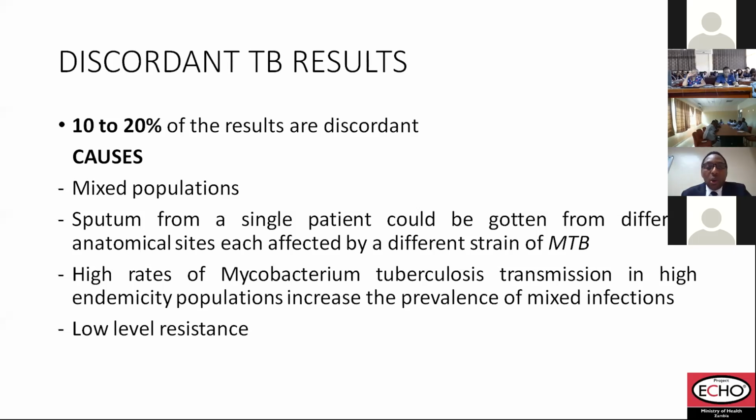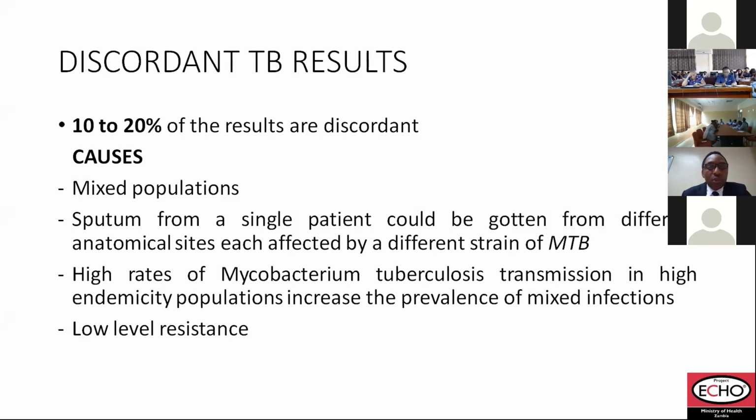The consistency of results depends to a large extent on the quality of sputum. So if you repeat an early morning sputum, which is of high quality, you are likely to get consistent results.